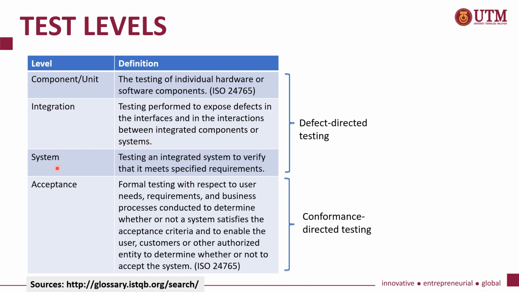The third level, system testing, is concerned with testing an integrated system to verify that it meets specified requirements. And finally, the acceptance testing will include the user in order to test the requirements and business processes and to ensure that it satisfies the acceptance criteria and to enable the user or customer or other authorized entity to determine whether or not to accept the system.